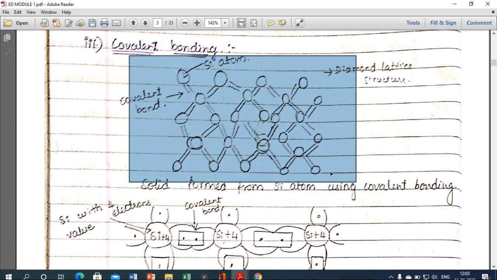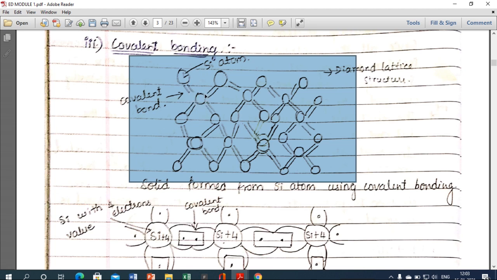Here we have to use a material which is bonded covalently, meaning semiconductors are the best example for covalent bonding. Here I have taken one silicon atom, which is shown here. It is a little bit blurred but it is clear to view, so that's why I consider these notes. Just concentrate here, I have taken one silicon atom.